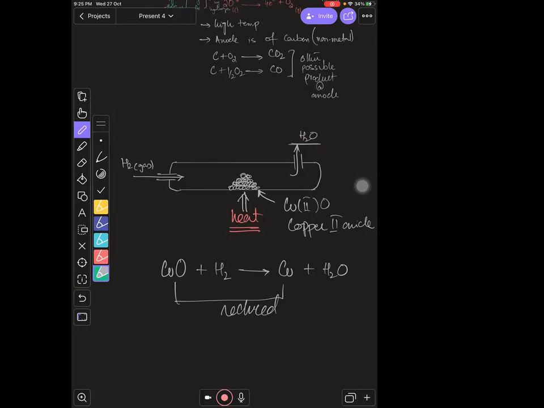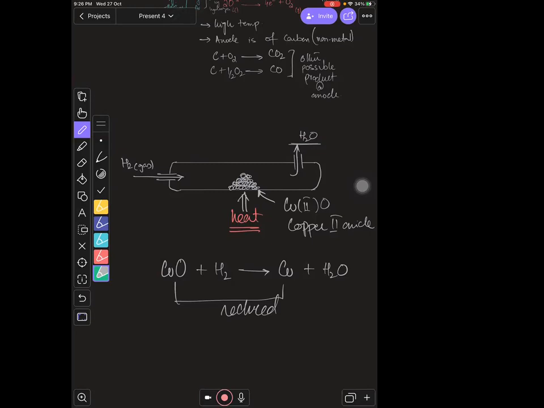We know that when the copper is hot, if we stop passing hydrogen gas through the tube, it is going to allow oxygen to enter the tube. Definitely air is going to enter, and in the air 20% is oxygen, so oxygen is going to enter into the tube. And when copper is hot, it can react with oxygen as well, and it again forms what? Copper oxide.